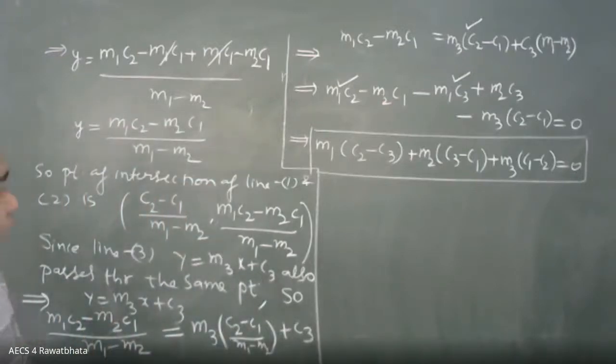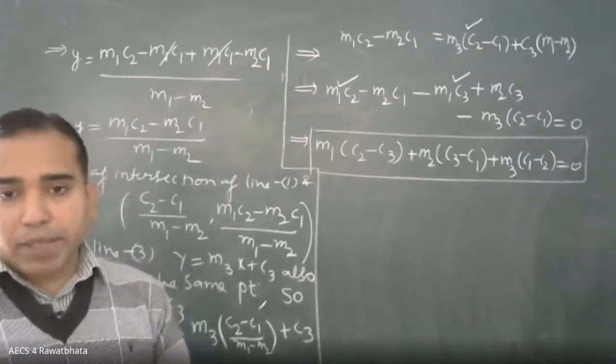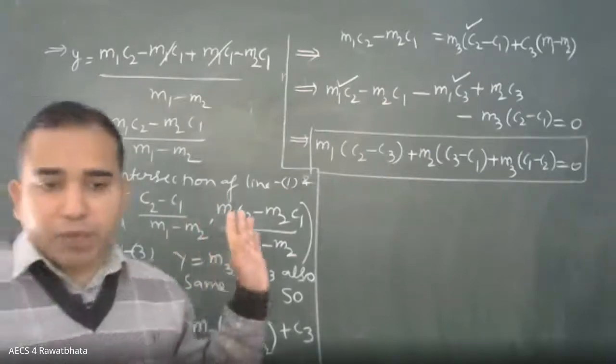So what we have done, just like the previous question in which we found the point of intersection of two lines, any two lines. We have solved here first and second.